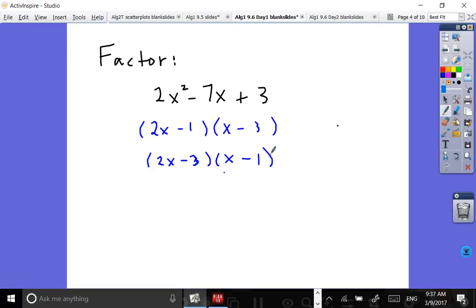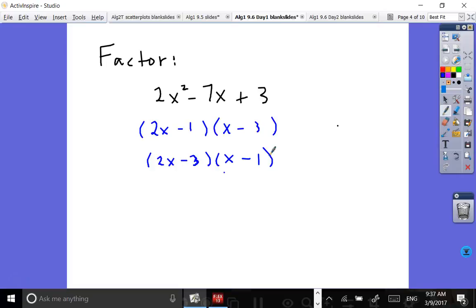I need to do the O and the I of FOIL and see if I get negative 7. Like this one here, I would have gotten negative 2x minus 3x, which is how many x's? Negative 5. So that doesn't work. Okay, look at this one. 2x times negative 3 is negative 6x, minus 1x, negative 7, there you go.